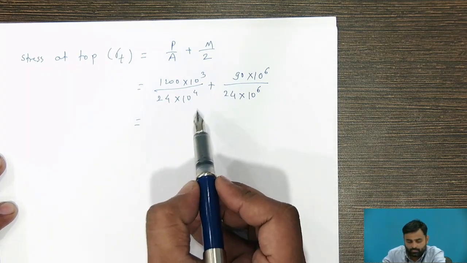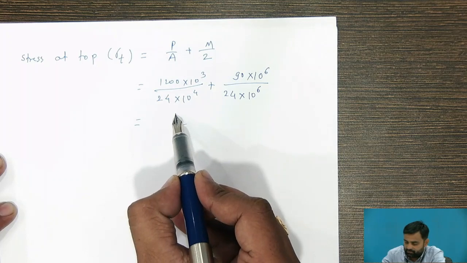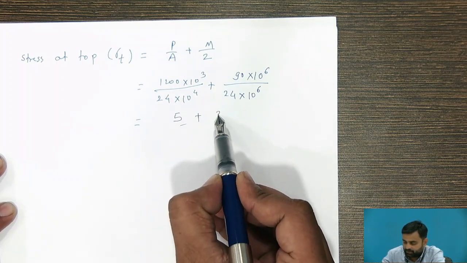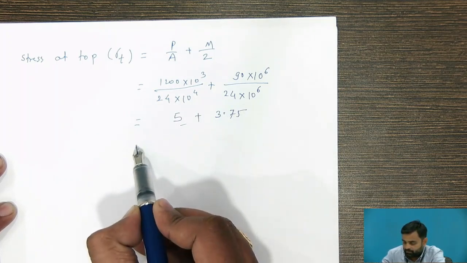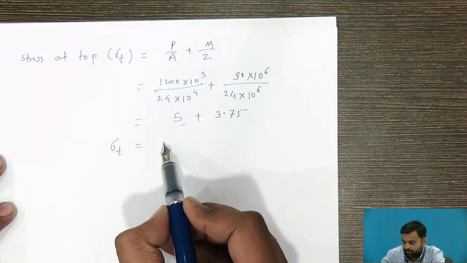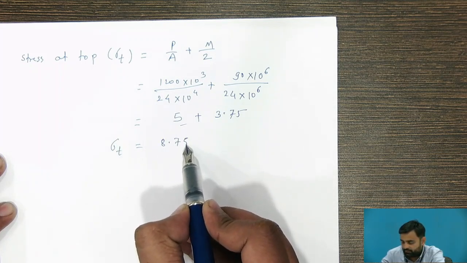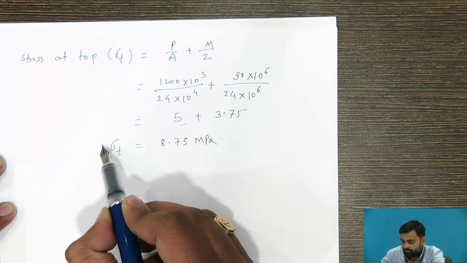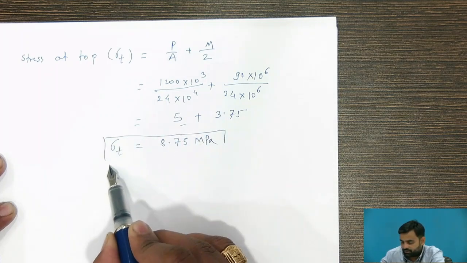If we solve this, we get the value of this bracket as 5 plus 3.75. So total stress at top, sigma T, is equal to 8.75 Newton per mm square. This is the stress at top.